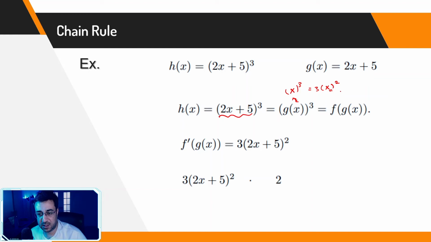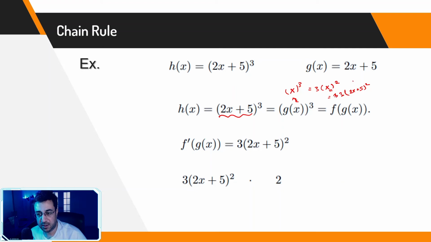So what do you have in this case? You have 3 multiplied by (2x plus 5) squared. Based on the equation, you need the f prime multiplied by the g prime of x.